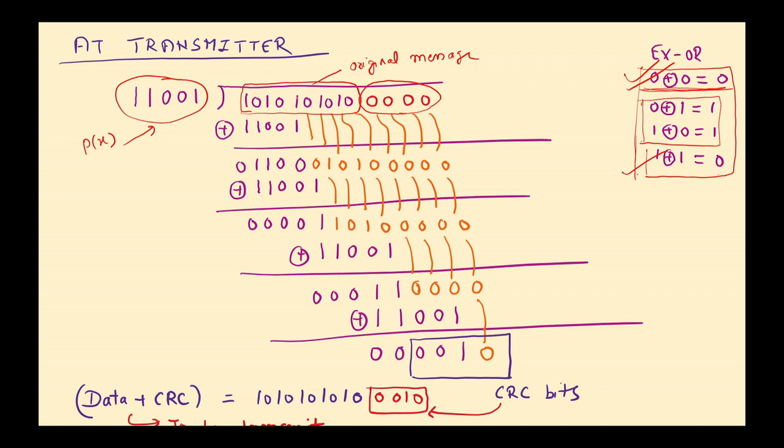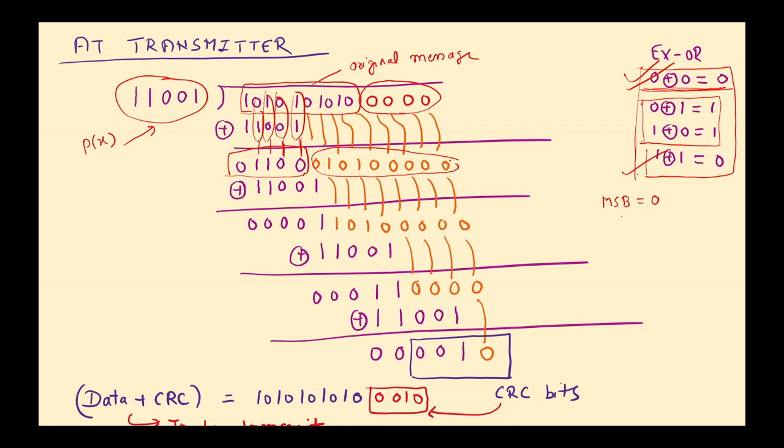Here we observe the bits are the same, so we get 0, and here also the bit is the same, so we get 0, and here the bits are unequal, so we get 1. So this is the value after division, and the remaining bits you have to write as they are.